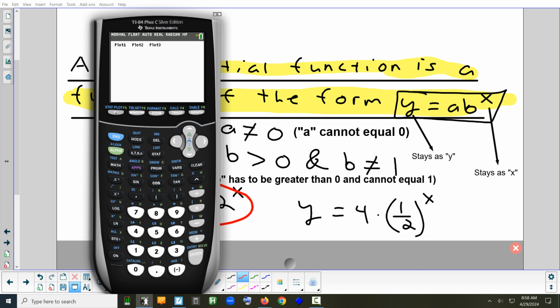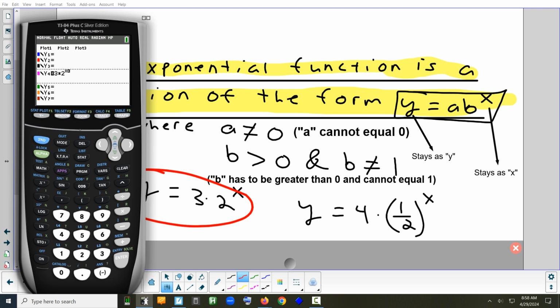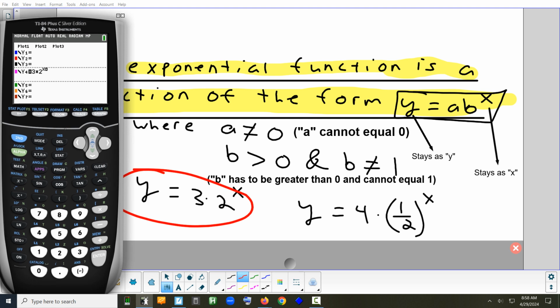Okay, let's type it in. So let me clear out these other ones. Just 3 times 2 raised to the x. Now let's just check and make sure it fits the definition. Looking at what I circled in red, what number there is a? The 3. And it says a can't be what number? 0.